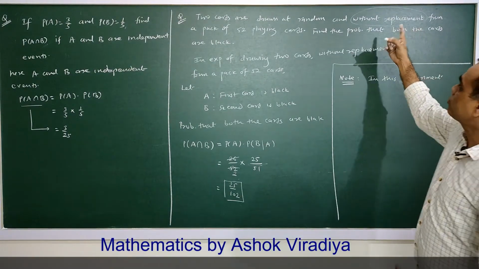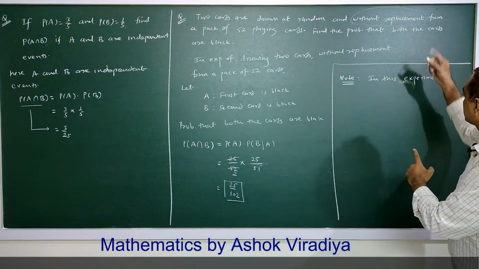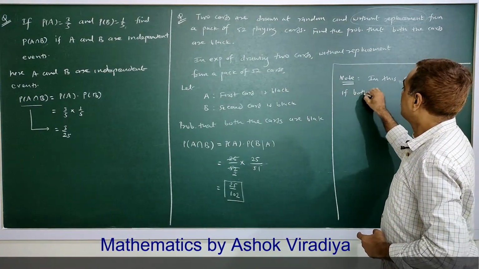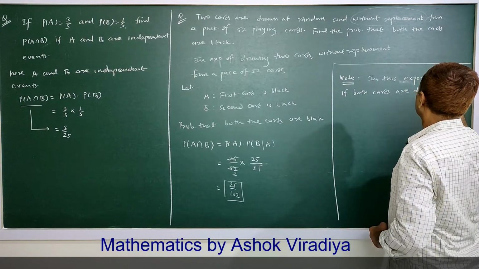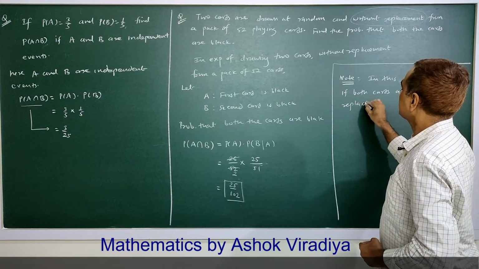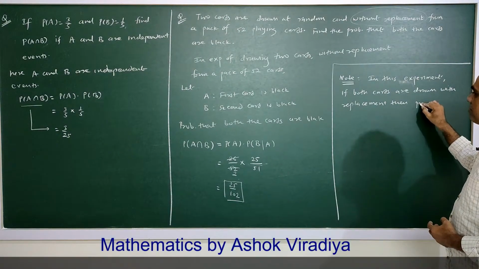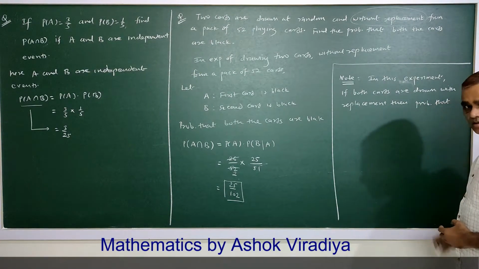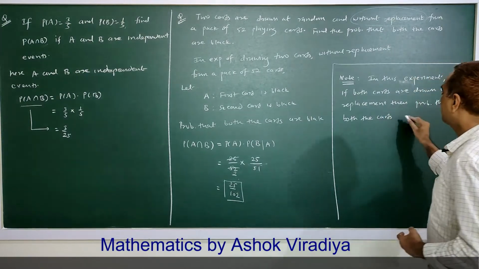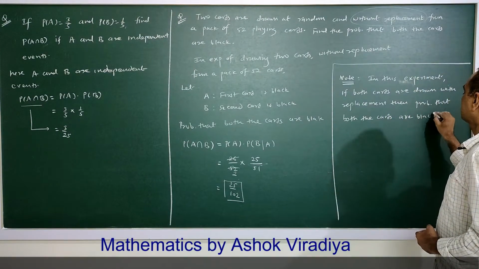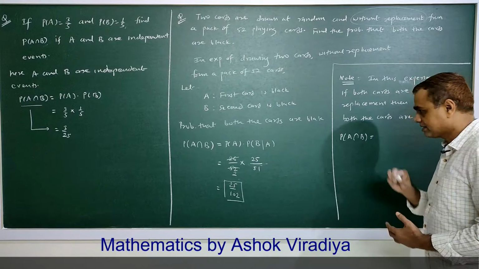If I remove the word "without replacement" and instead keep "with replacement" in this experiment, if both cards are drawn with replacement, then what is the probability that both cards are black, that is, the probability that the first card is black and the second card is black?